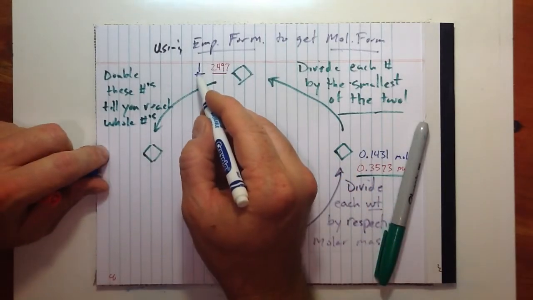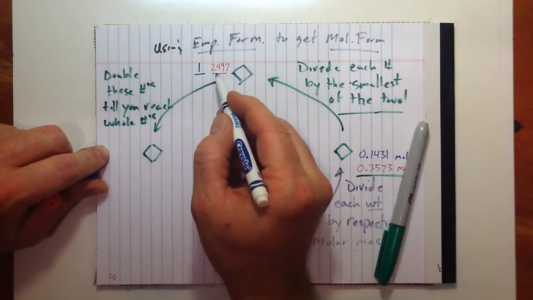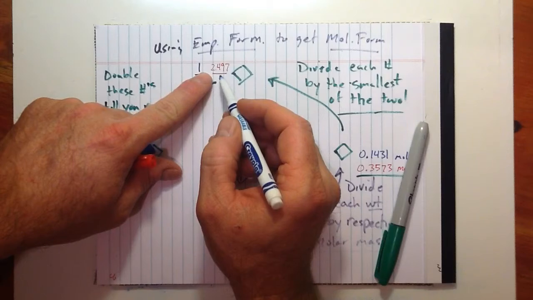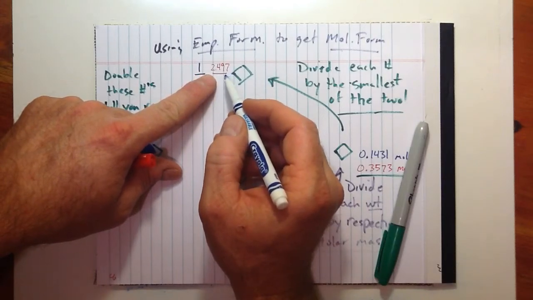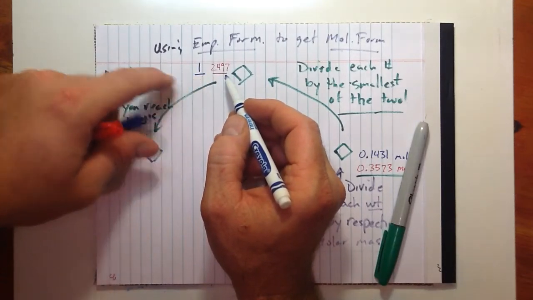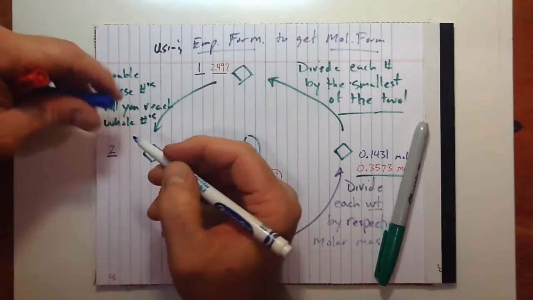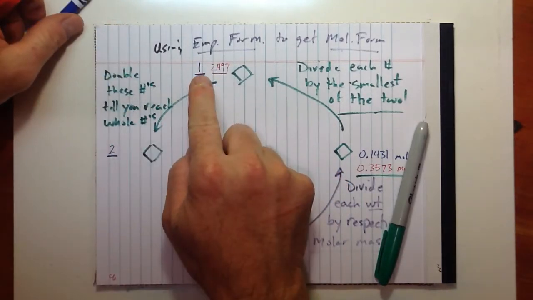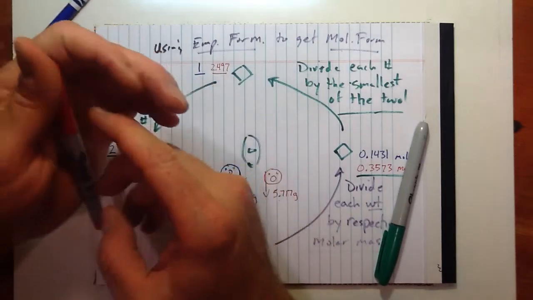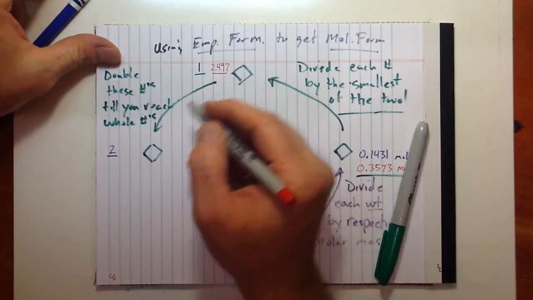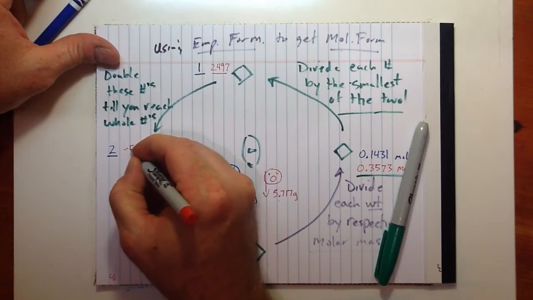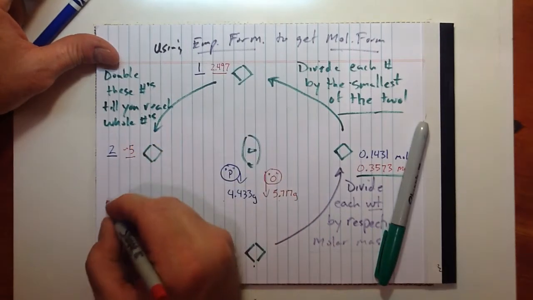I notice right now 1 is a whole number, but this is not. But if I double 2.497, I'm really close to 5. So I'm going to go ahead and double the first one. 1 doubling gets us to 2. But doubling 2.497 gets us really close to 5.